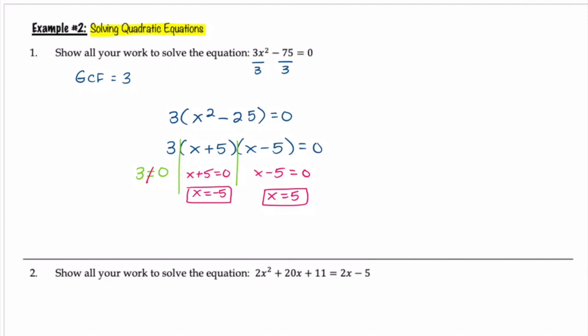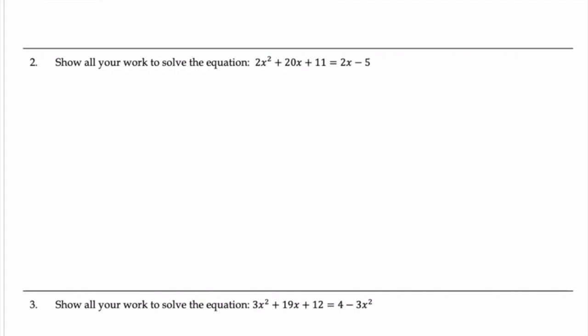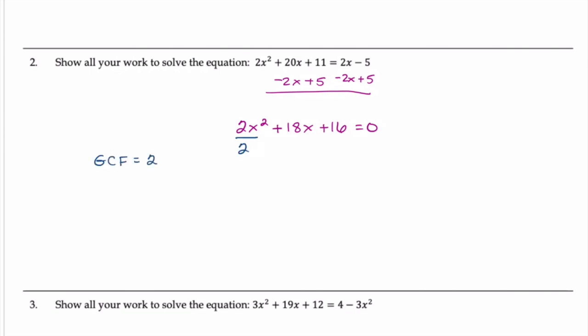For number 2, we are going to start off by setting our equation equal to 0. So I'm going to move my like terms to the left. Now that I have it set equal to 0, I'm going to go ahead and factor this. Look for that GCF. Divide every single piece by that GCF.